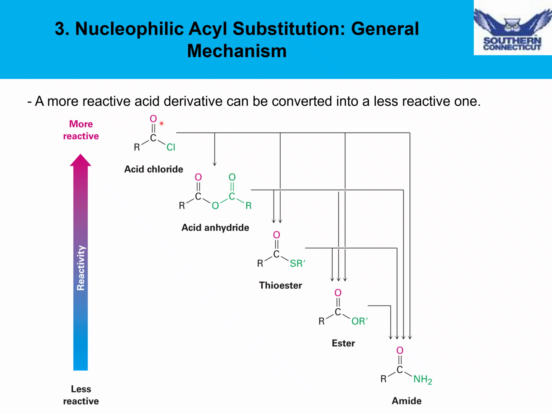So if we start off with an acid chloride, it's a lot easier to convert it into an anhydride and the rest of the other acid derivatives. It's a lot harder to go from an amide to the rest. Although some reactions are possible to go the other way around, in general, it's a lot easier to go from the anhydrides and the chlorides to the other acid derivatives rather than the other way around.